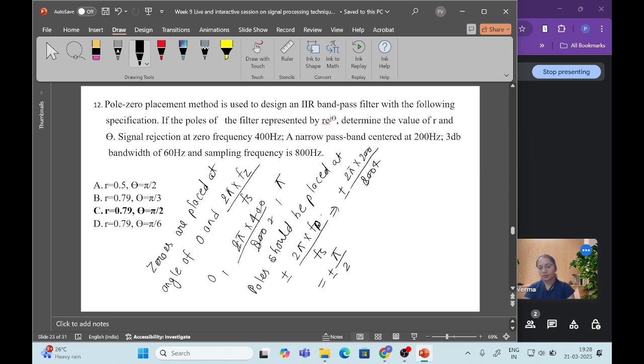So now we have the angles where poles and zeros should be placed.